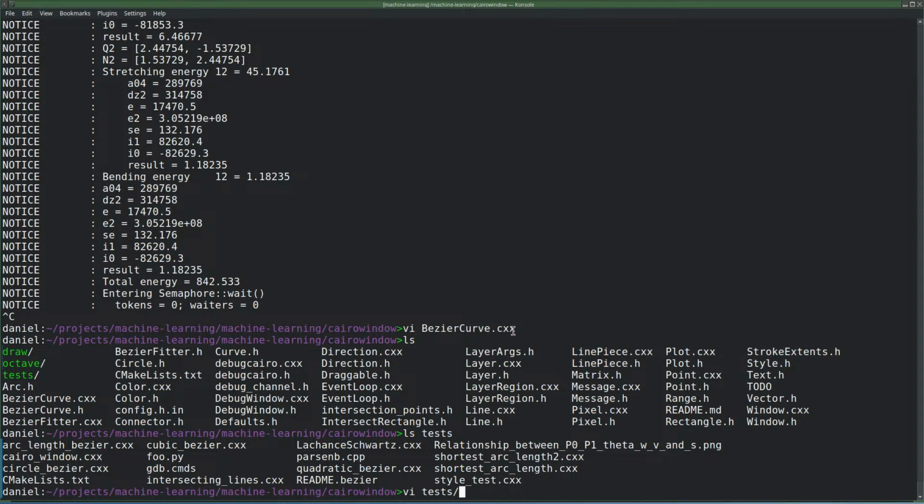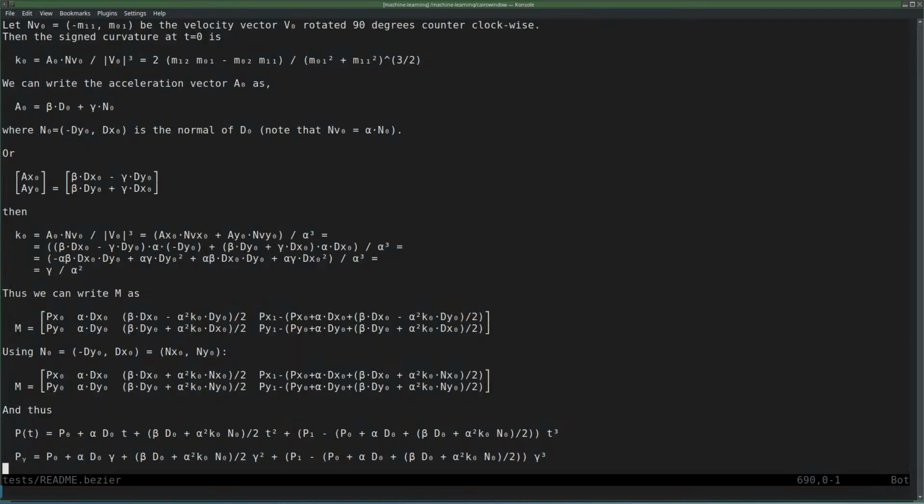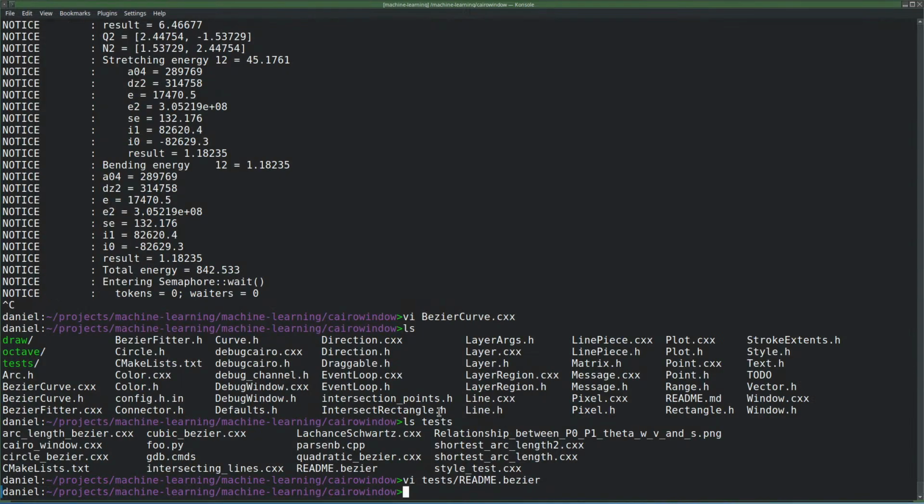I don't think it's in here. Yeah, I think I lost the actual integral then. Or the definite integral, how do you say that?